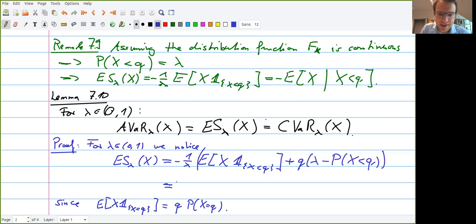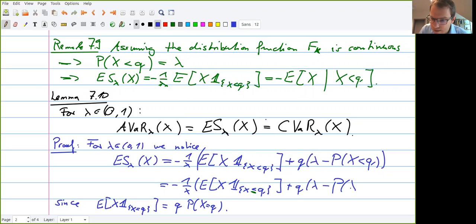Okay, that's not very deep. But this means we can add here the new thing: less or equal instead of a strictly less. And then we have to subtract this as well, so minus x less or equal to q.